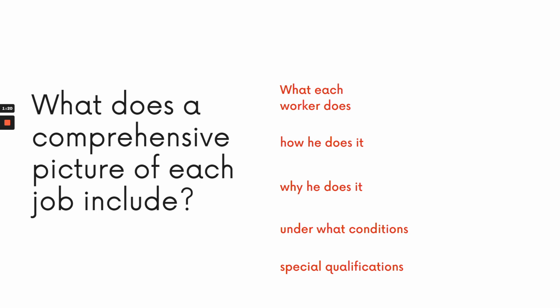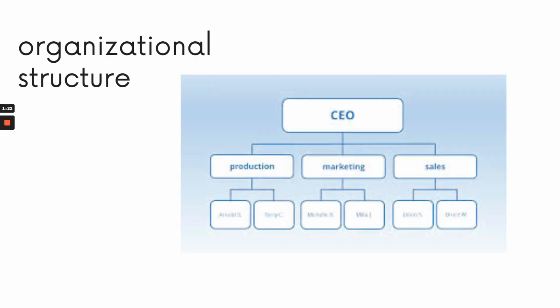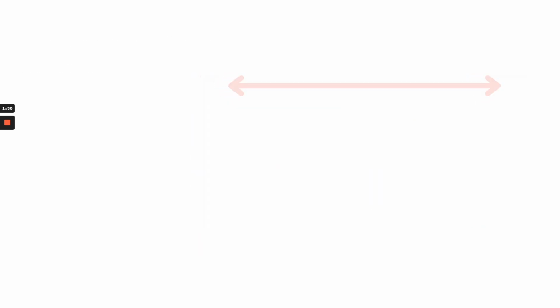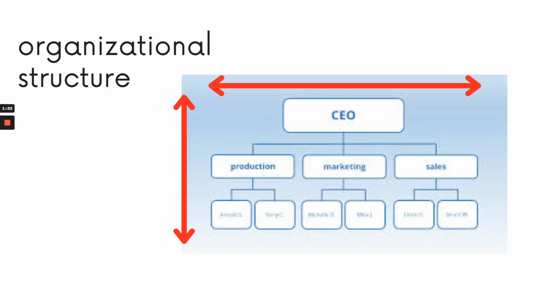The analysis of the organizational structure is the vertical and the horizontal interconnections among jobs. So you will see that there is a vertical and horizontal interconnection. They are all interconnected.